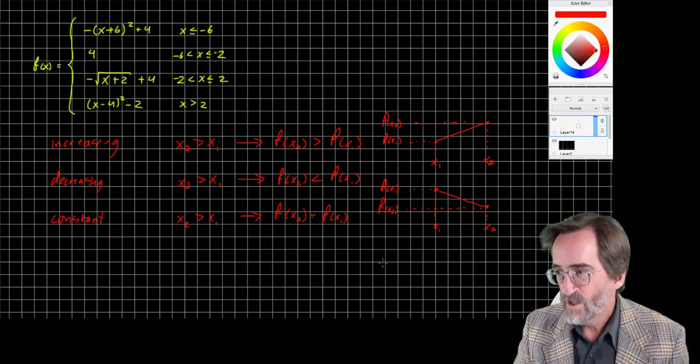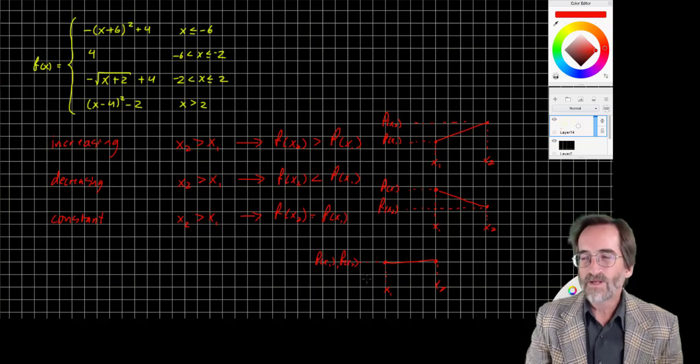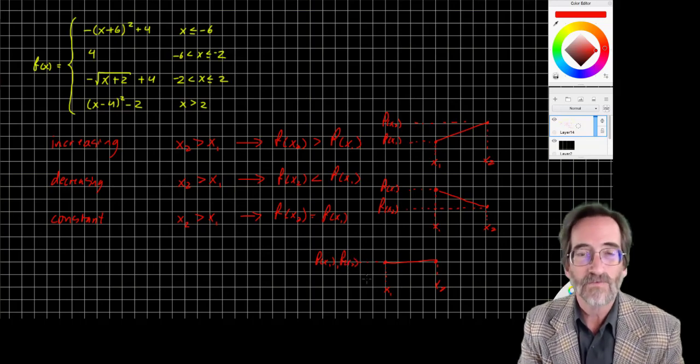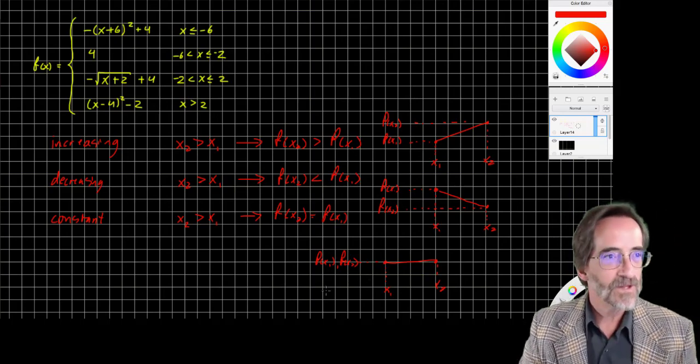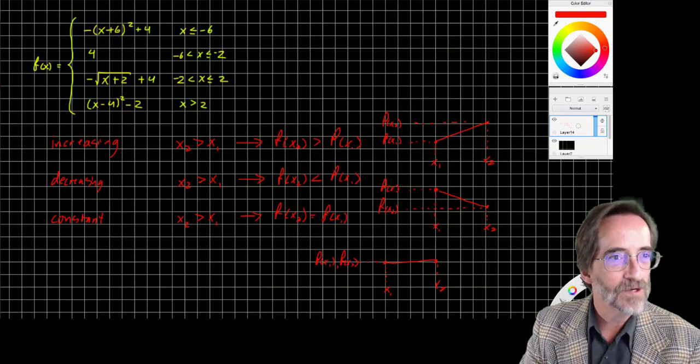So in other words, we put in two x values, x1 and x2, and the output doesn't change. Okay, so that's the more formal definition of increasing versus decreasing. Okay, so hopefully that makes sense. You'll get more detail in the lesson.